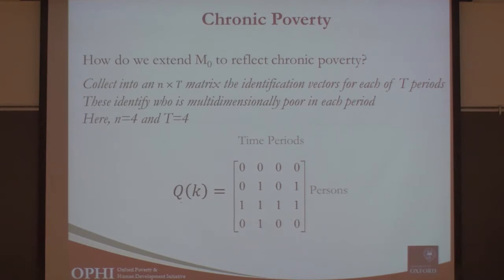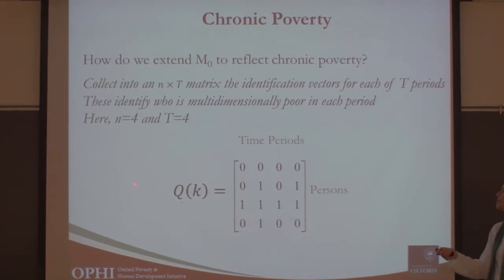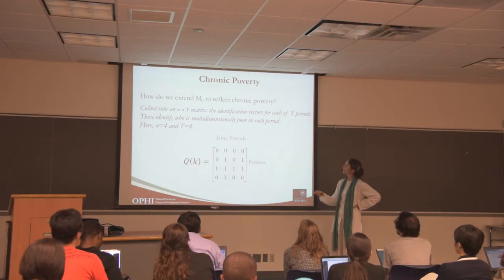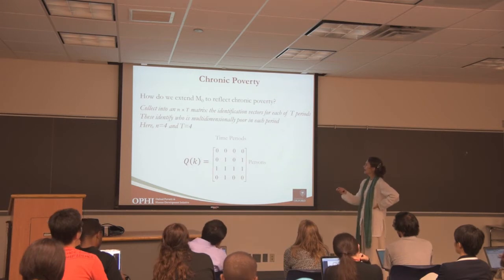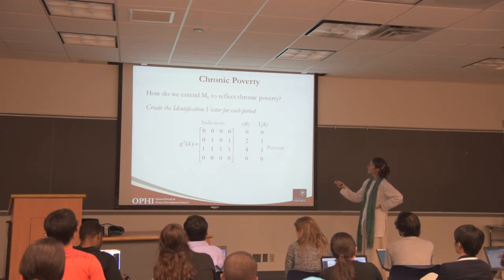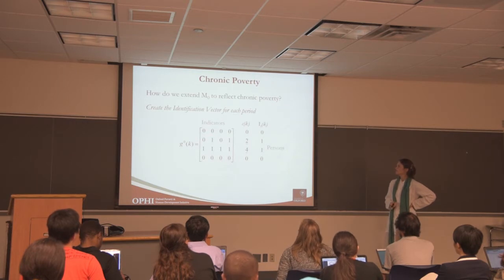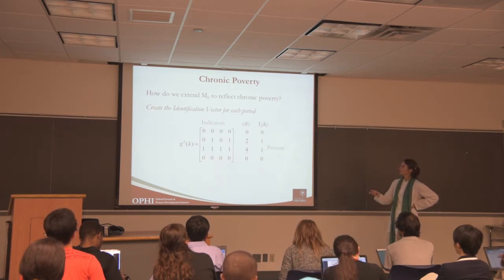So now we make a new matrix. So let's say we have four periods in our panel data sets. And I keep saying I should have changed this matrix so it looks different, but I didn't. We're now going to call the matrix Q of k. And now each column of the matrix is this vector, which is distilling the poverty status of the censored deprivation matrix for each period.